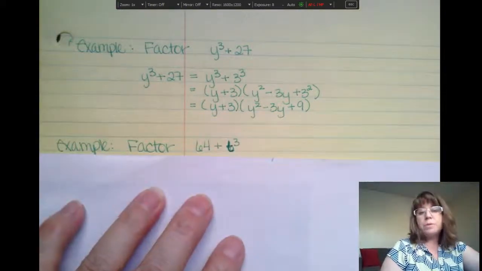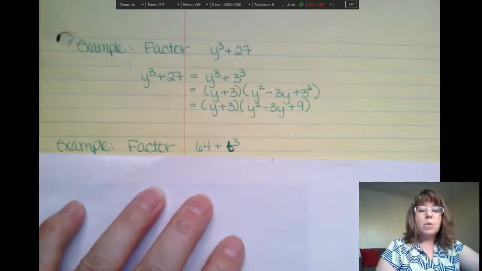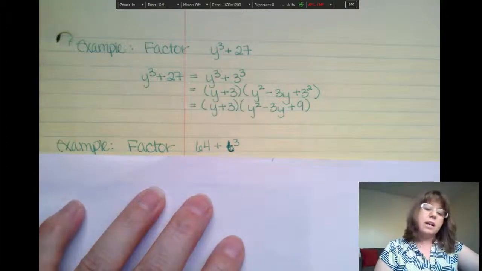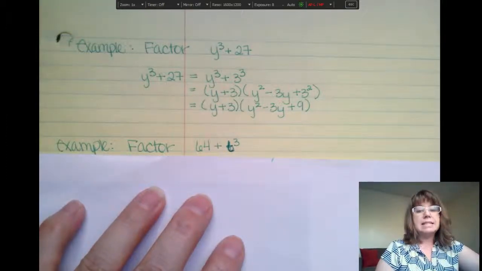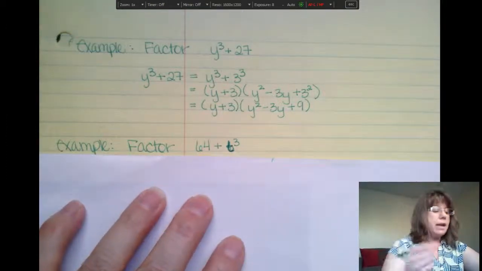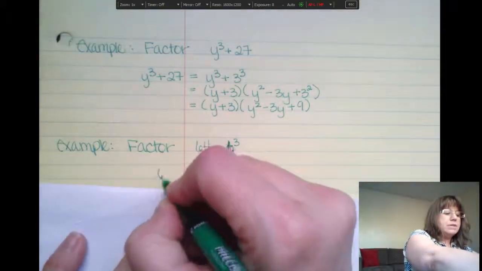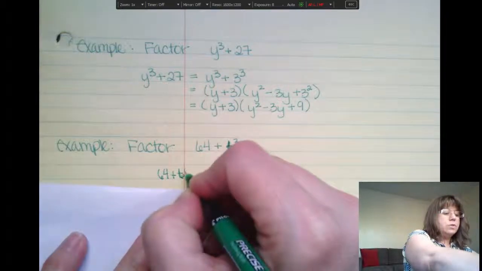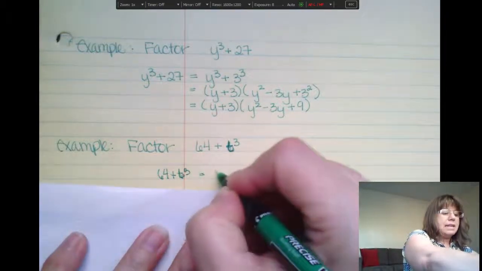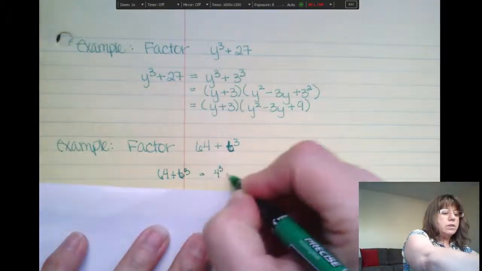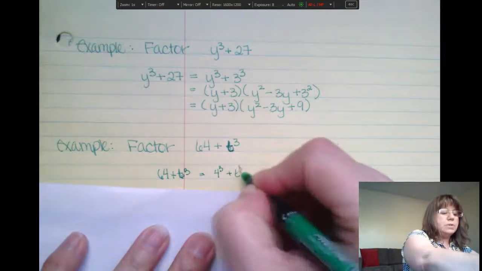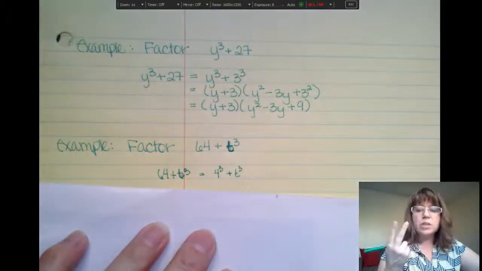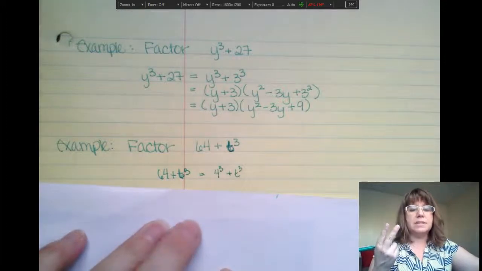So let's do a problem together. 64 plus t cubed. The first thing I want to ask myself is, is that 64 a cube of something? And it is. So 64 plus t cubed can be written as 4 cubed plus t cubed. Now if you wanted to switch it around, you can. It doesn't make any difference in this case.